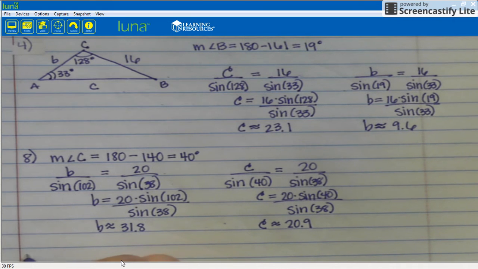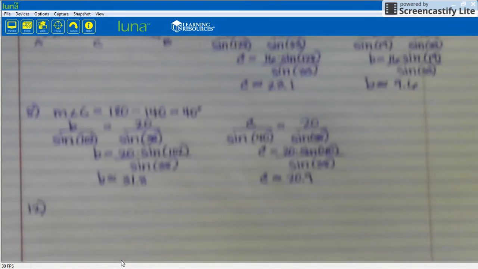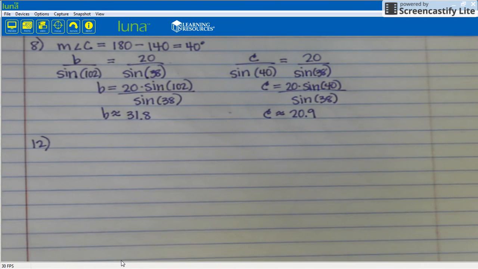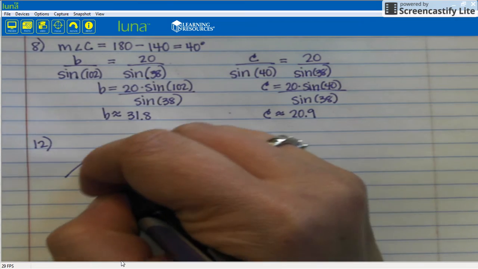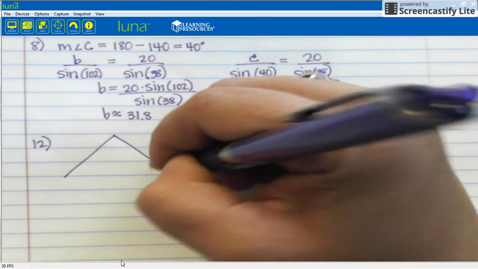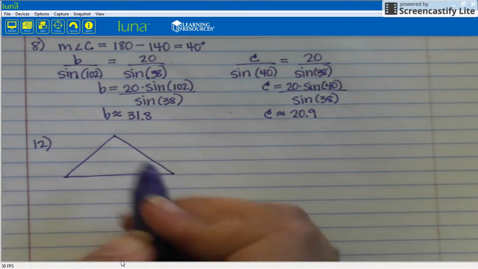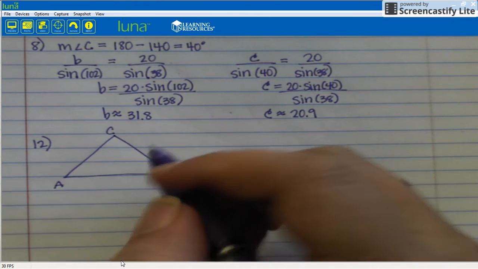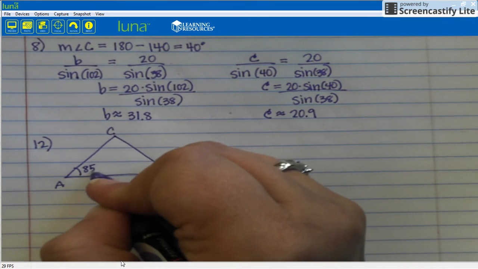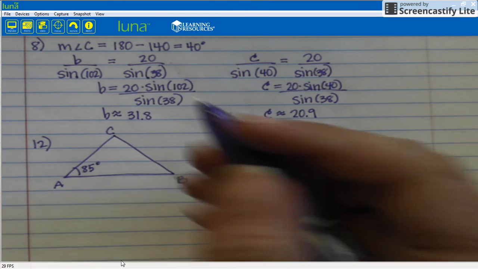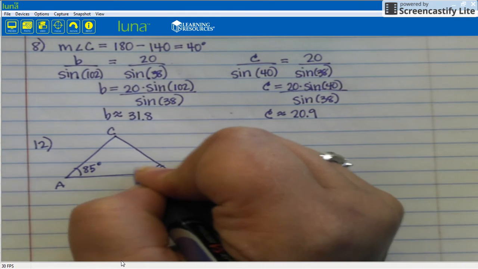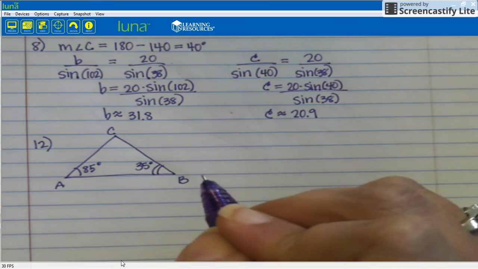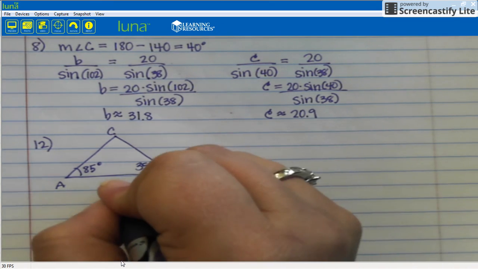In number 12, you're doing the same thing. It's just given to you. Instead of giving you a diagram, they give you the information. So what it represents is I have this triangle ABC, and angle A is 85 degrees, angle B is 35 degrees, and little c is 30.